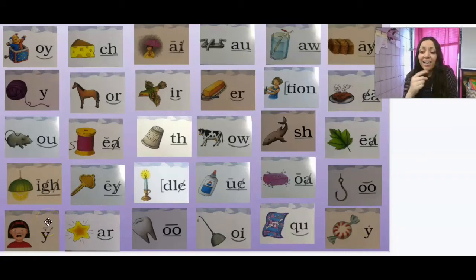Cry, I, vowel Y. Then we have star, R, combination, AR. Tooth, oo, digraph OO. Dip, then we have oil, oi, diphthong OI. Quilt, qu, combination, QU, and candy, E, vowel Y.